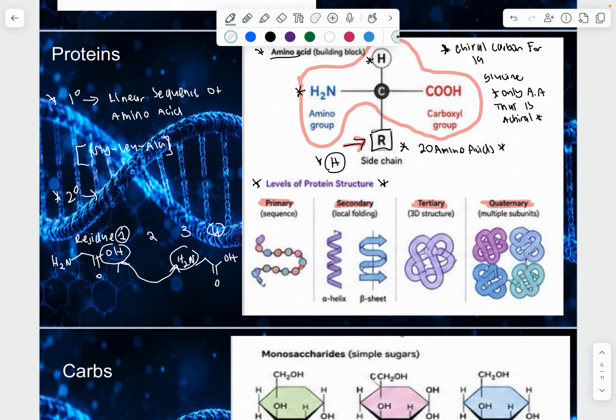This hydrogen bond between these two is going to fold the amino acid, and you are going to get something called alpha helices and beta pleated sheets.